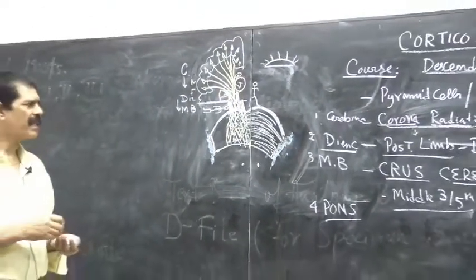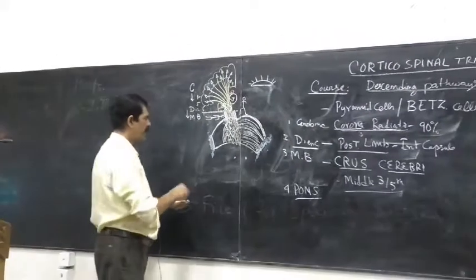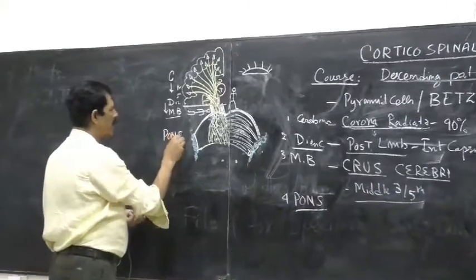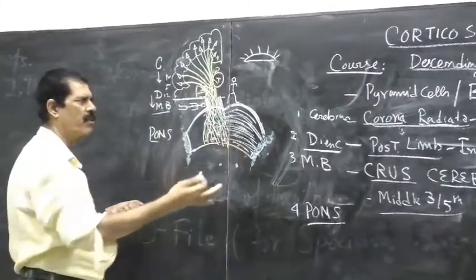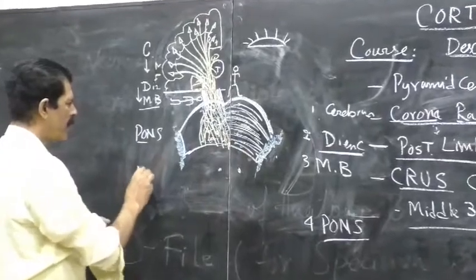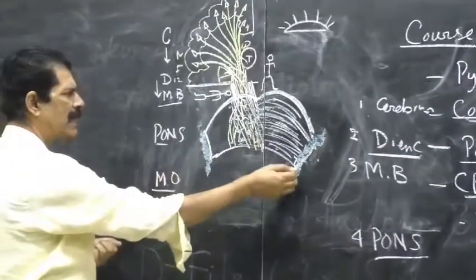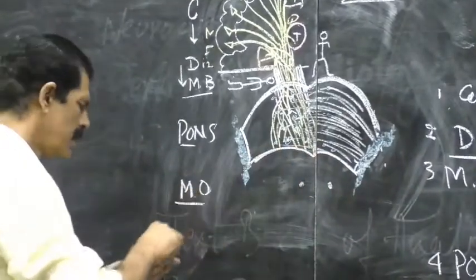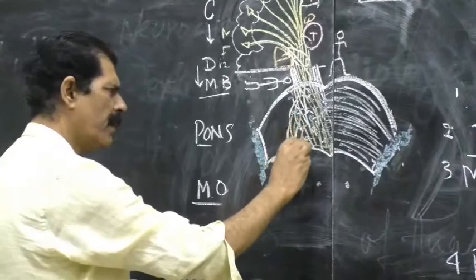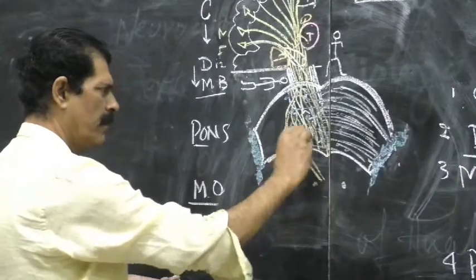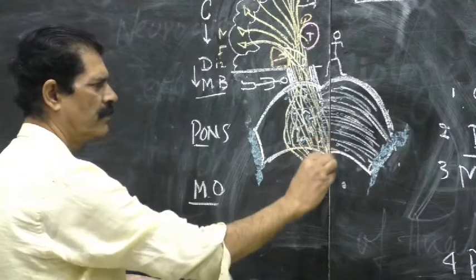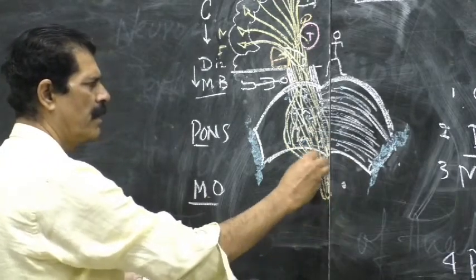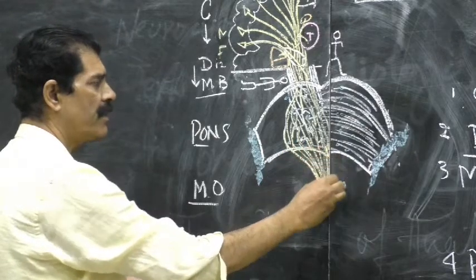Now in the further descending, after the midbrain, the fibers reach the pons and they are scattered or widely distributed, but the next part is the medulla oblongata. When they reach the pontomedullary junction, where the pons ends and the medulla starts, these fibers again become compact. They again become close together, and on the ventral surface of the medulla they form a pyramid shape elevation.